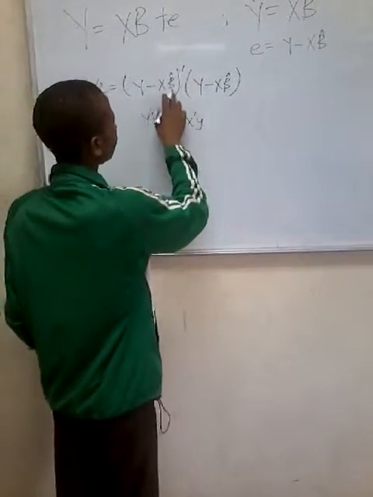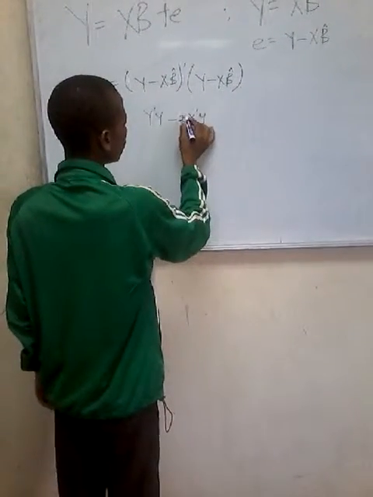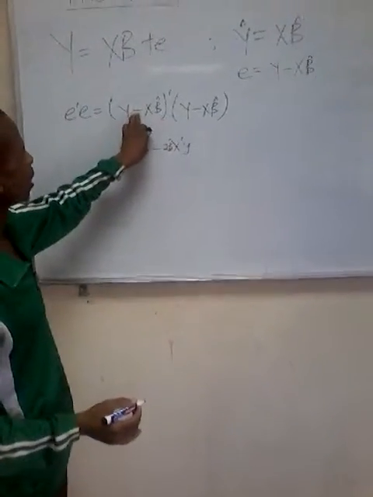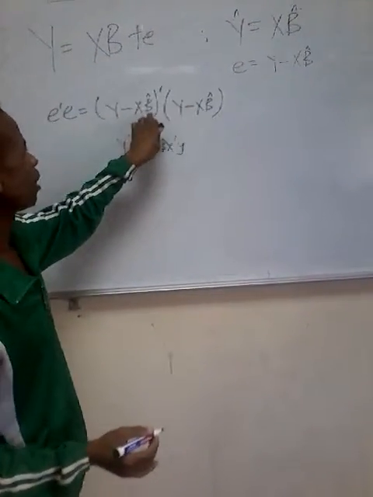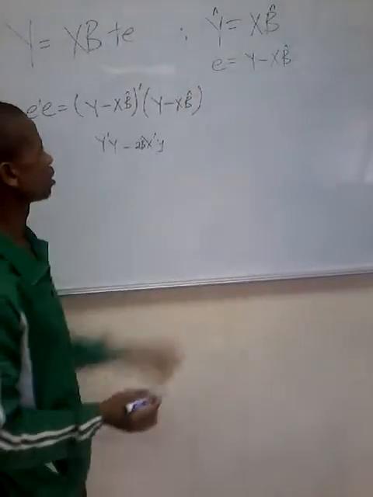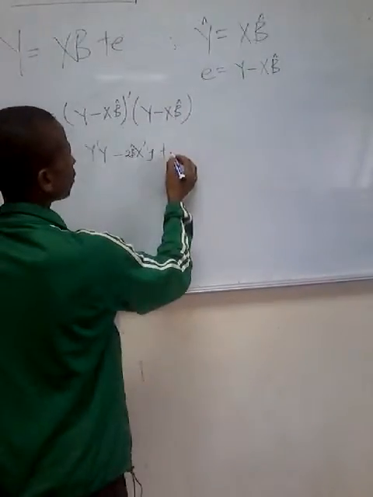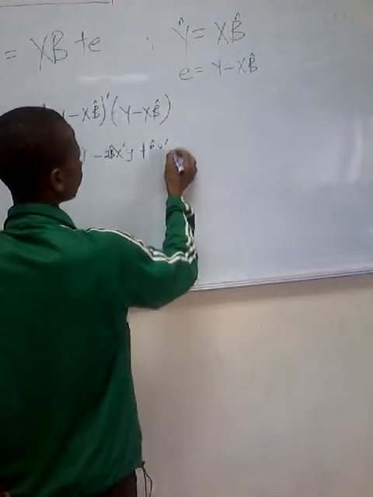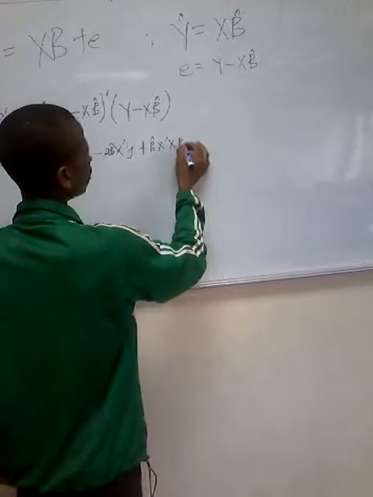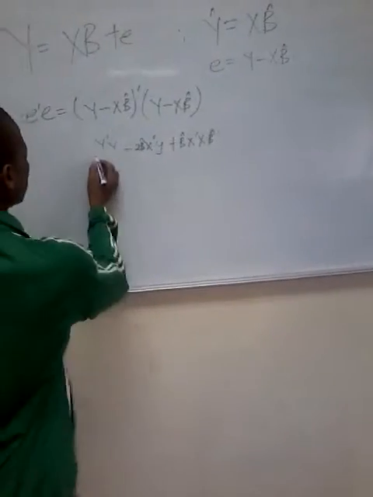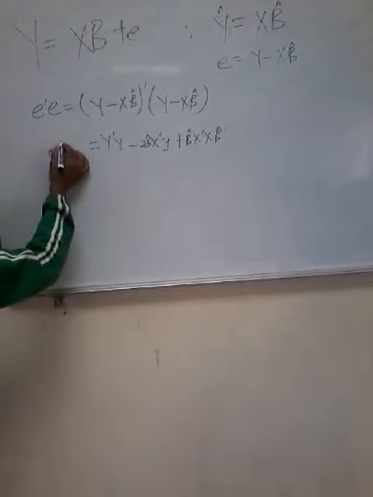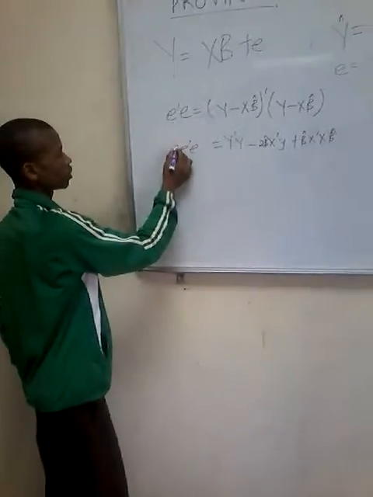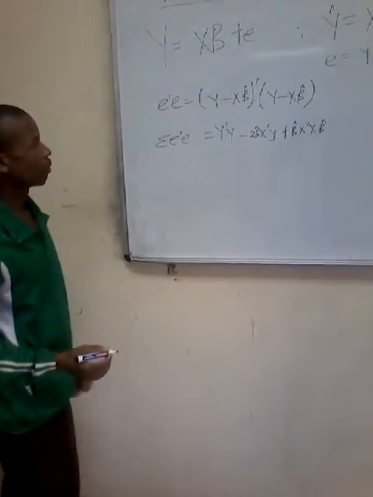Then the minus and a minus, multiplied by X beta hat transpose multiplied by X beta hat, we get plus beta hat transpose X transpose X beta hat, which will be equal to our sum of squares of residuals.